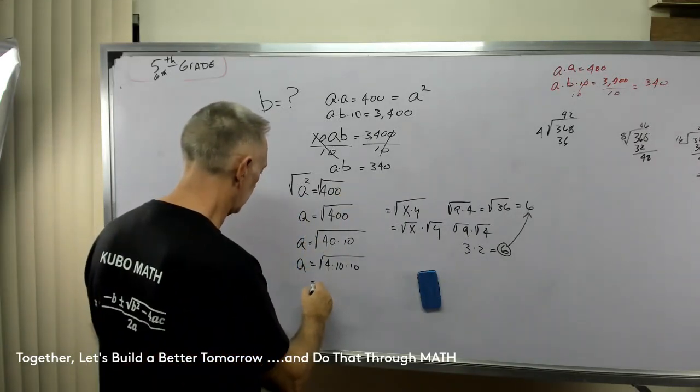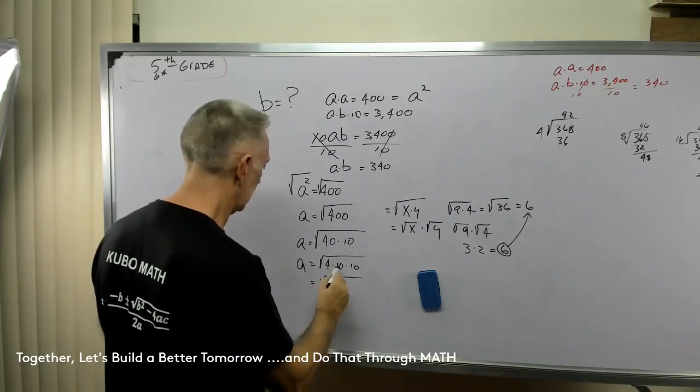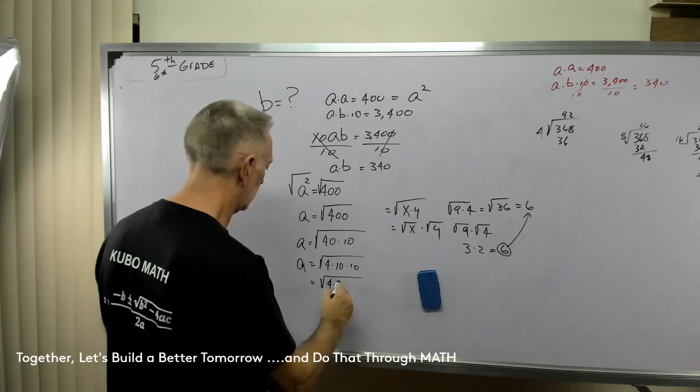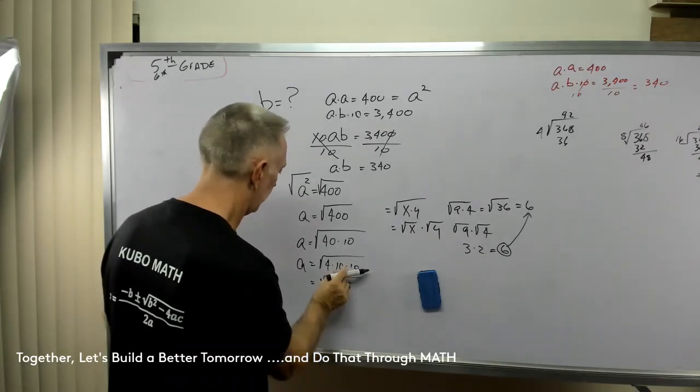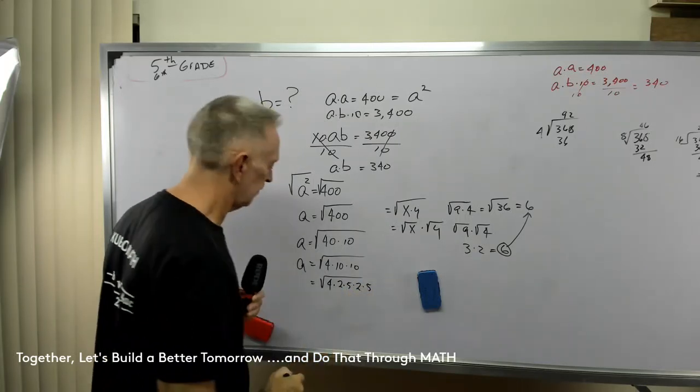Okay, well, that equals the square root of 4 times, what's 10? It's 2 times 5. What's this 10? Well, it's also 2 times 5.